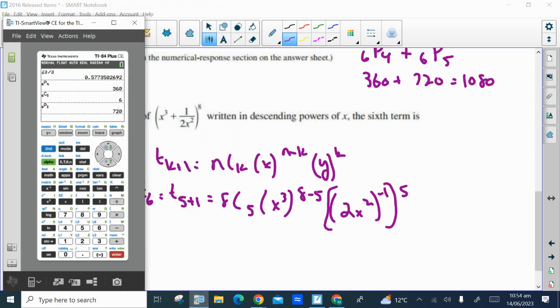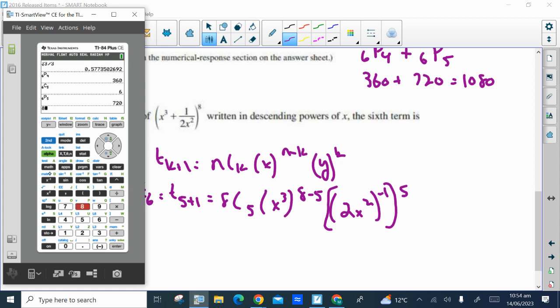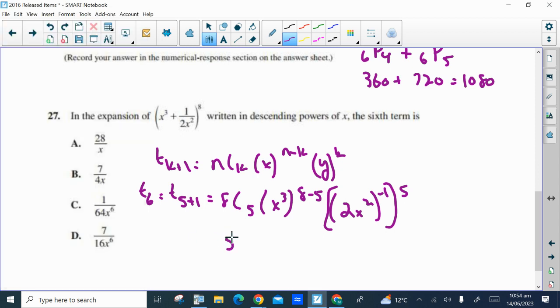So 8C5. 8C5 is 56. Then you're going to have x to the power 3 raised to the power 3. That's x to the 9th. 2 to the 5th is, well, actually, to do this right, it would be 2 to the negative 1 to the negative 5.